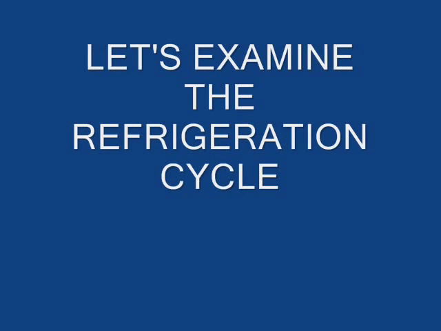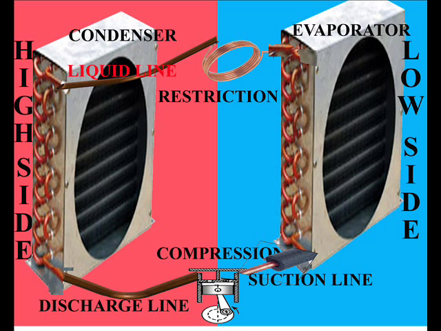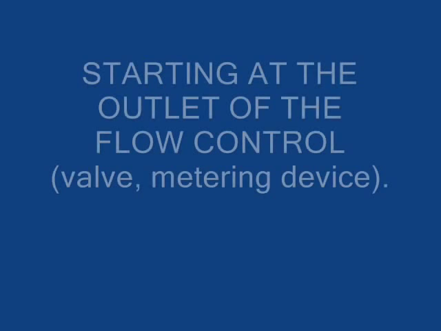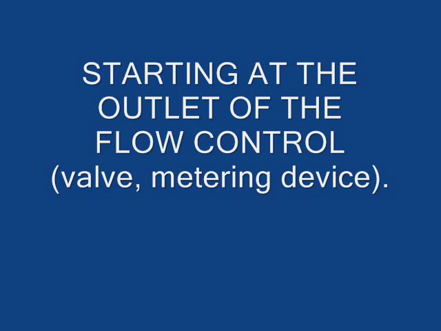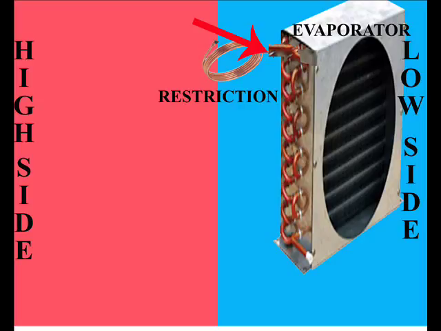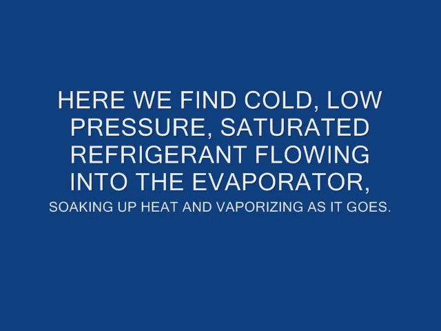Let's examine the refrigeration cycle. Starting at the outlet of the flow control valve metering device, here we find cold, low-pressure, saturated refrigerant flowing into the evaporator, soaking up heat and vaporizing as it goes.